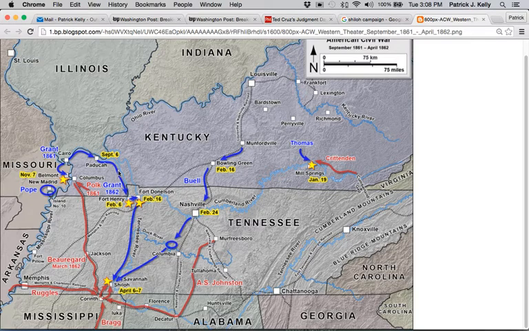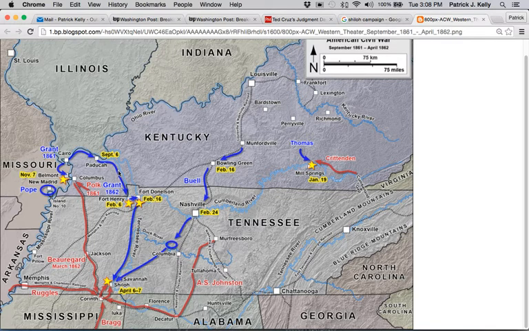But then Grant, being Grant, has to decide what he's going to do next. Grant's not the kind of guy that just sat on his laurels. So as he looked at the map, and he is in communication with his superiors in Washington, D.C., as they look at the map, they see the city of Corinth.